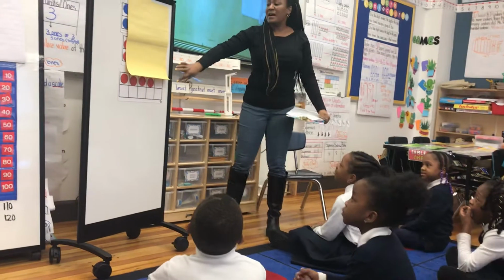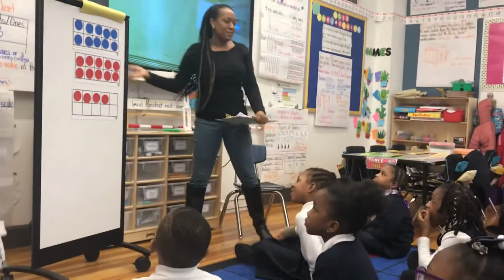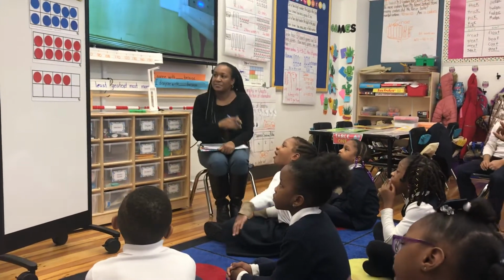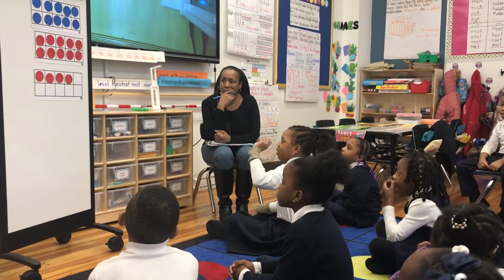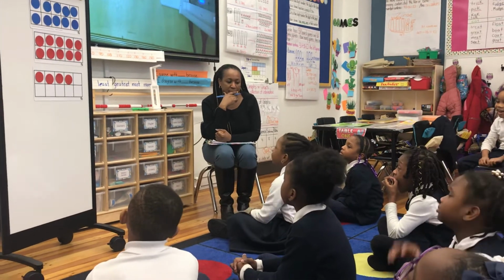How do you know? What number was represented? I saw 10 over here and 10 over here and 4 ones. That's how I know it's 24.